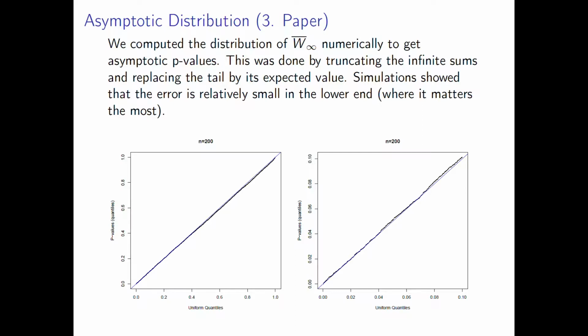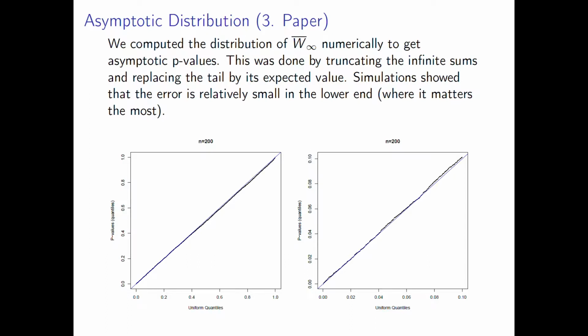So when the quantiles are between 0 and 0.05, the difference between those two curves is almost negligible. And this is exactly the area that we care about the most, because if the p-value is 0.7, it's not a big thing if the error is large and the exact p-value is 0.8 or 0.6, because we can't reject the hypothesis anyway.